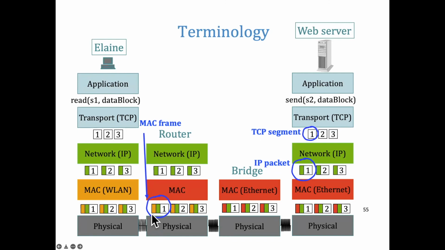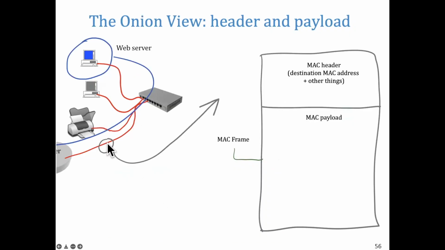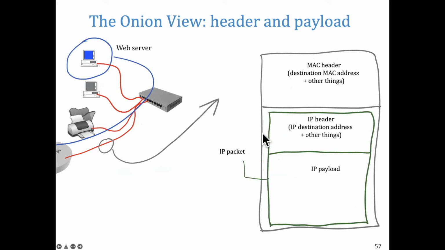Let's take an onion view of this. If we capture a packet at the interface of a router, then we have a MAC frame. This MAC frame is nothing but a MAC payload and the MAC header, with several important things, source and destination MAC addresses and other things. What is this MAC payload? It is an IP packet encapsulated in a MAC frame.